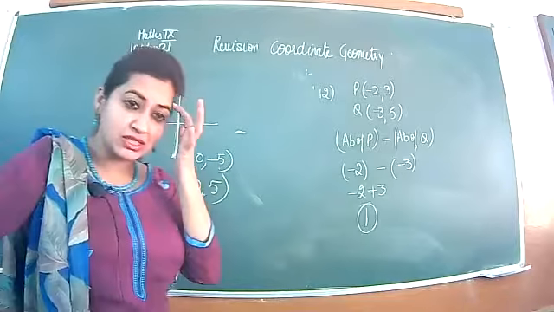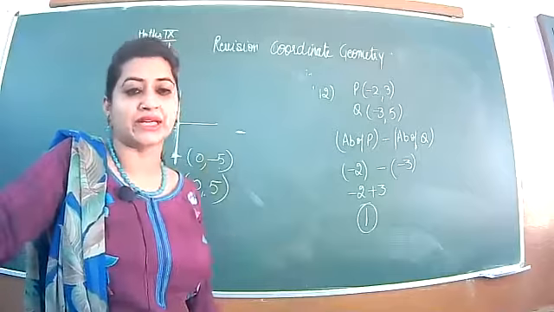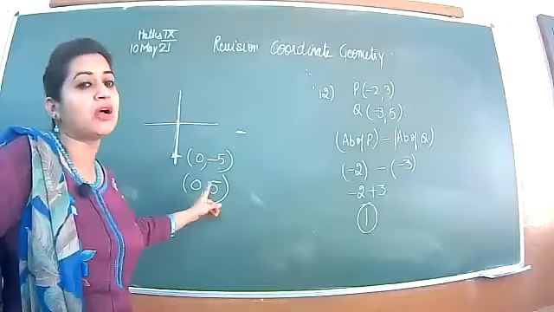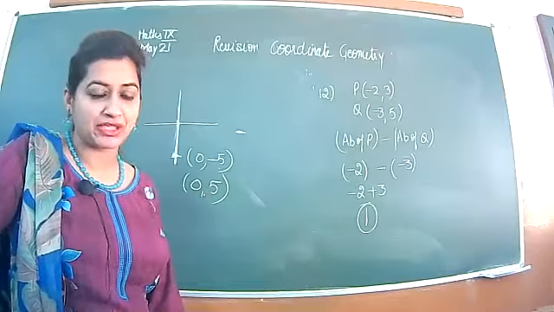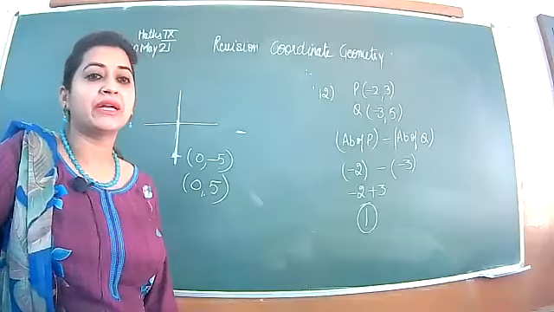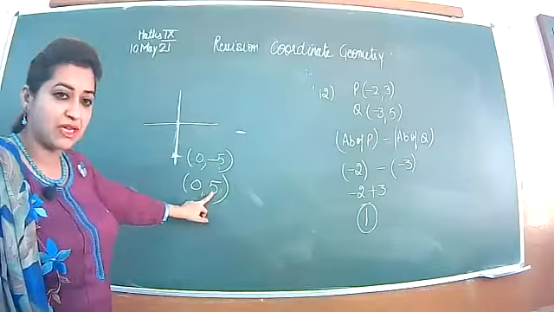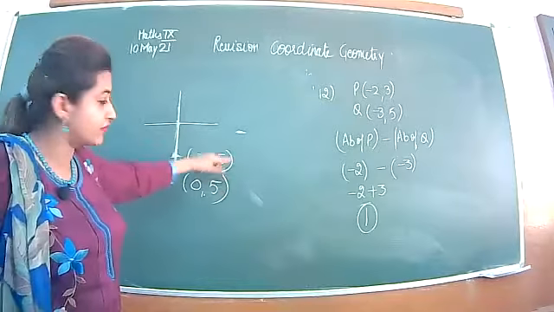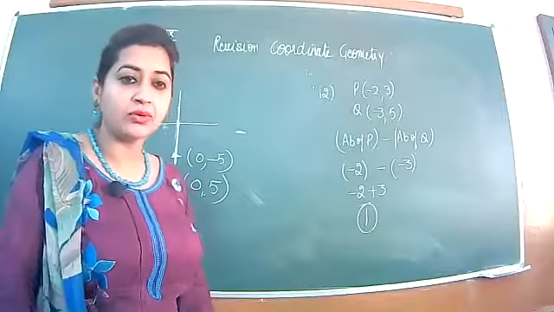Because 5 units is not mentioned that in which direction, on the upper side or on the lower side it is lying. So you will write both the answers. If the direction particularly is not mentioned, then you will write two answers. But if it is mentioned that it is lying on the positive axis, so you will write plus wala answer. And if it is lying on the negative direction, then you will write this answer. Got it? Any doubt?